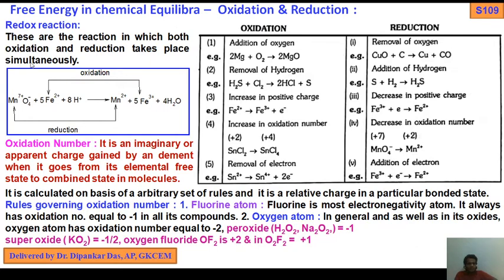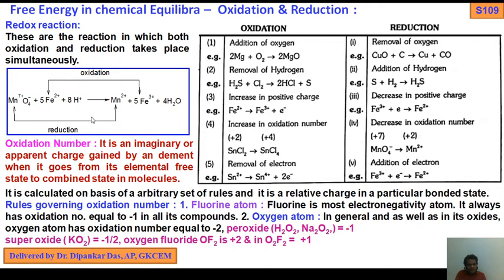So now come to the redox reactions. What is a redox reaction? These are the reactions in which both oxidation and reduction take place simultaneously. So you see, MnO4-, Mn in plus 7 state, plus 5 Fe2+ plus 8 H+. This redox reaction is carried out in acid medium to maintain the optimum pH, we know.